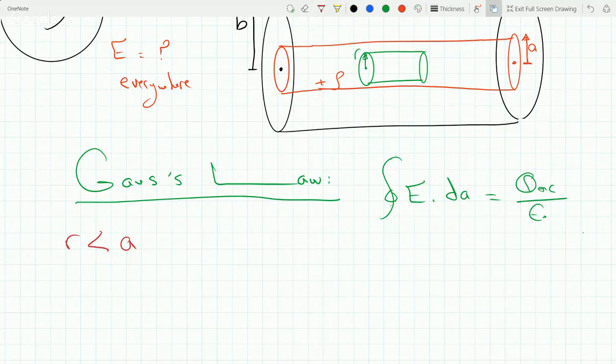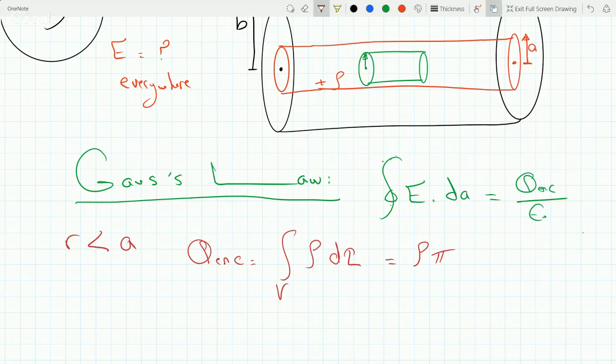I am working inside. So I need to find the charge enclosed. This is a uniform charge distribution, but even so, I could still integrate. Q enclosed is equal to the integral of rho d tau, a volume integral over V. I'm going to assume some knowledge here. In cylindrical coordinates, this turns out to be the volume of the cylinder, which is pi S squared, since we're working in cylindrical coordinates.